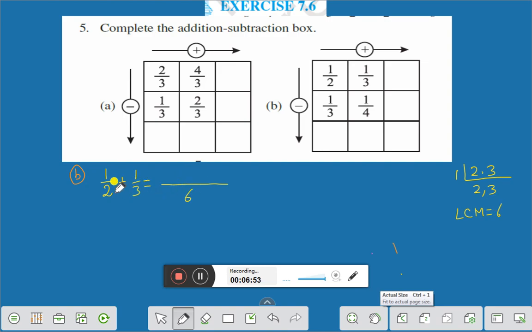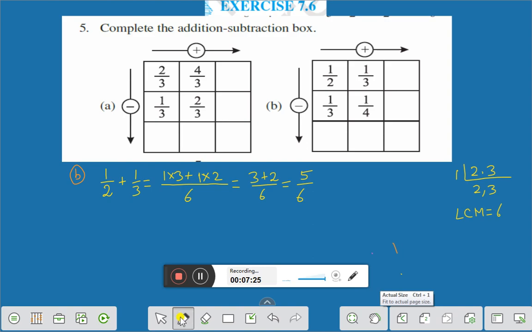If we divide 6 by 2, we are getting 3, that is 1 into 3, 3, plus if you divide 6 by 3, we are getting 2, that is 1 into 2, 2. Therefore 3 plus 2 is equal to 5 by 6. Therefore 1 by 2 plus 1 by 3 is 5 by 6.